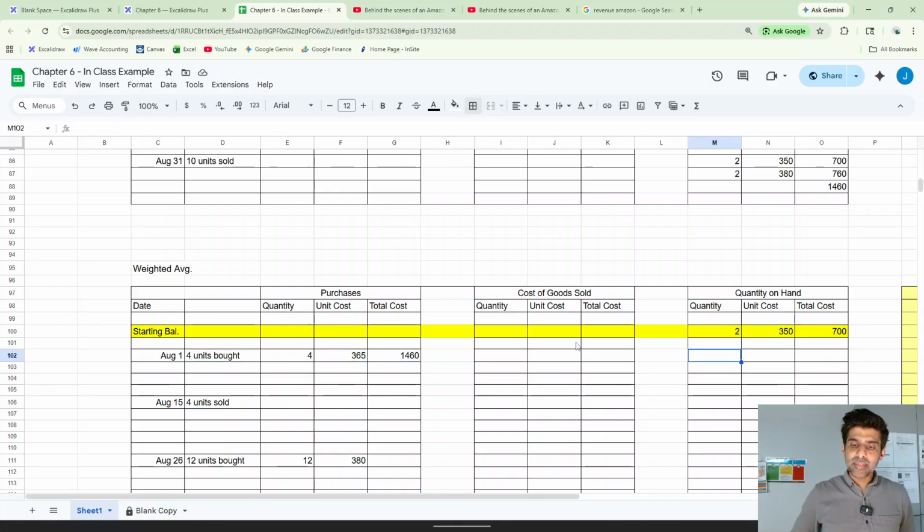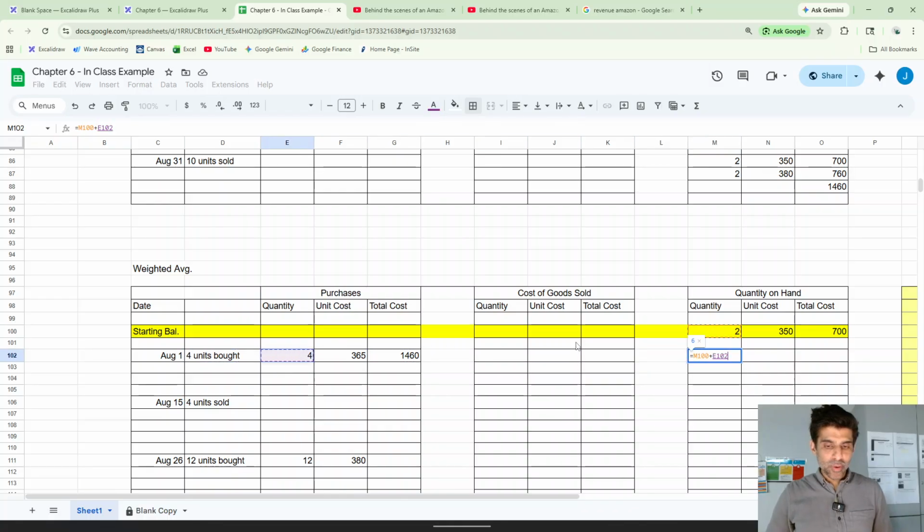Now we're gonna buy 4 more. What you can do is just count the total number of units. We started with 2. We're adding 4 more. We have 6 units total. You then start with the cost. $700 was the value of the original balance, plus I'm adding $1,460.